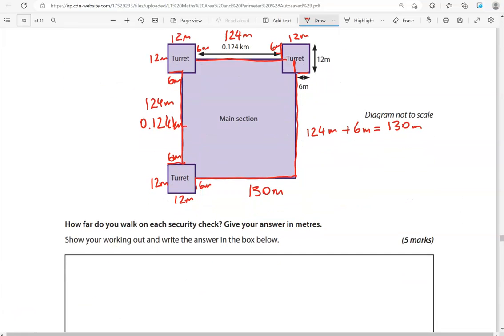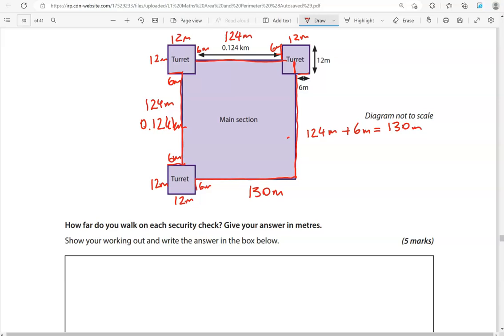So adding these together, we've got 130 and 130 plus 6, so that's 1, 2, 3, 4, 5, 6 of them. So 6 times 6, that is 36. And we've got 1, 2, 3, 4, 5, 6 lots of 12.